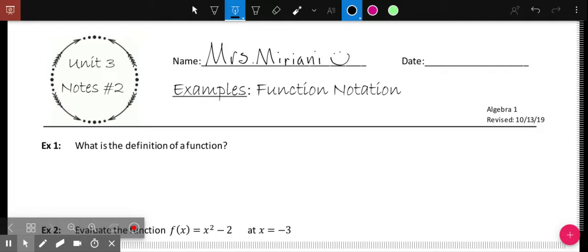All right, I hope you took these few minutes to type out the definition of a function. It was on the back side of this page, so you could have easily flipped your page over and typed it up.